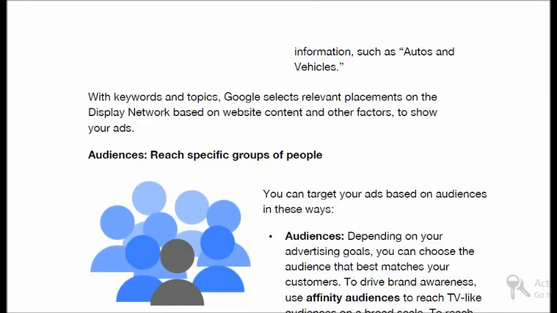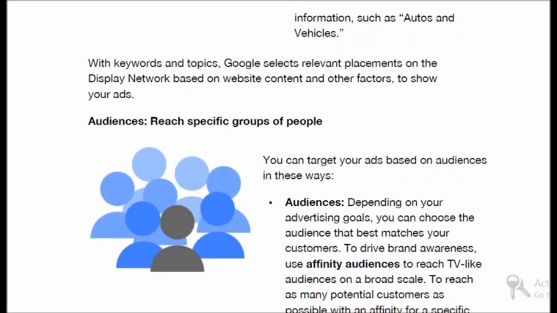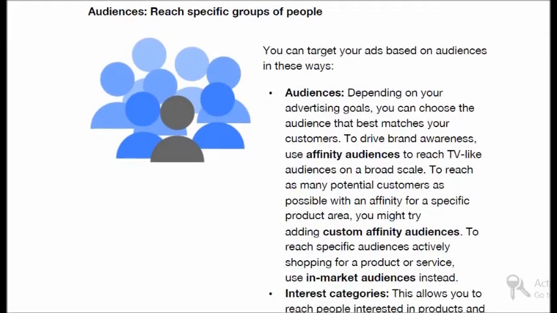The second thing is audiences. Depending on your advertising goals, you can choose the audience that best matches your customers. Audience based targeting is another category of targeting. To drive brand awareness, use affinity audiences to reach TV-like audiences on a broad scale.